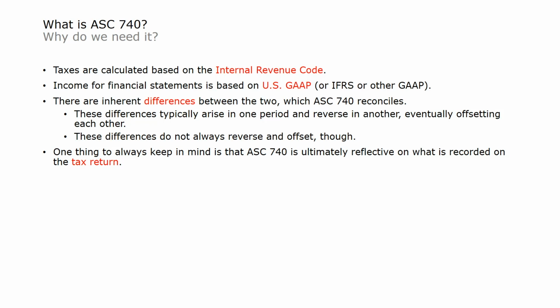We may have certain adjustments up front to not record specifically what is on the tax return, but at the end of the day, if you let enough time pass, the income tax provision will reflect what was recorded on the tax return because it has to.